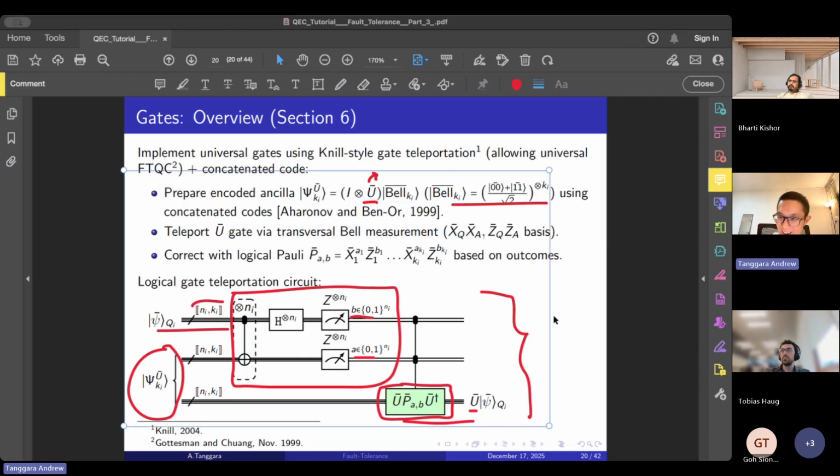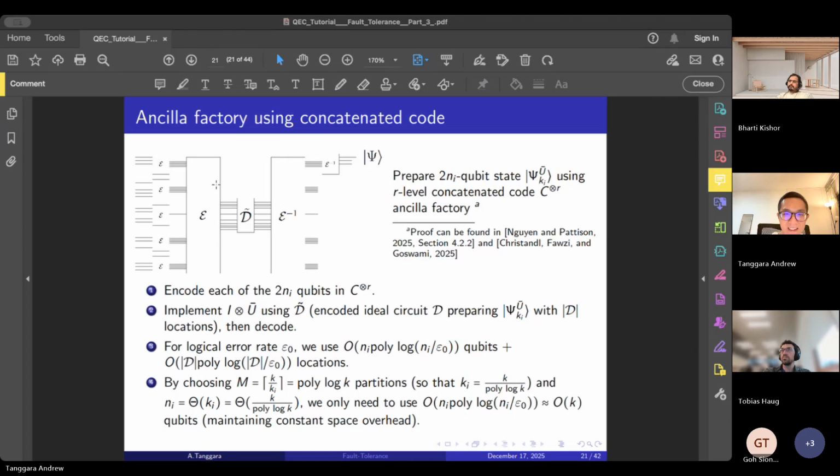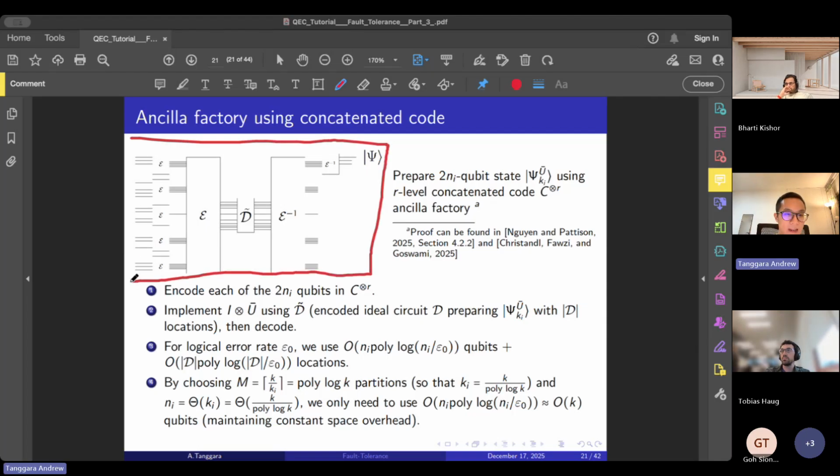You're going to see that later on. So this is basically the circuit that you need to do. Well, it's one way to do it, I guess.